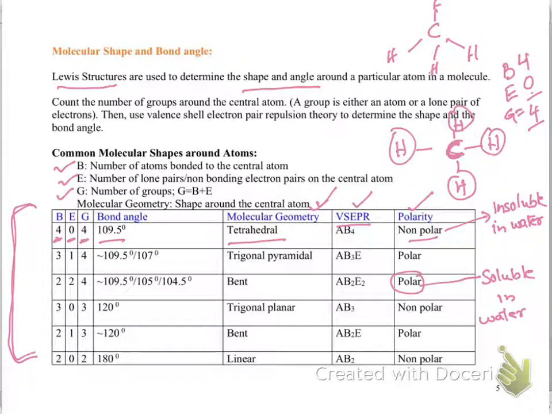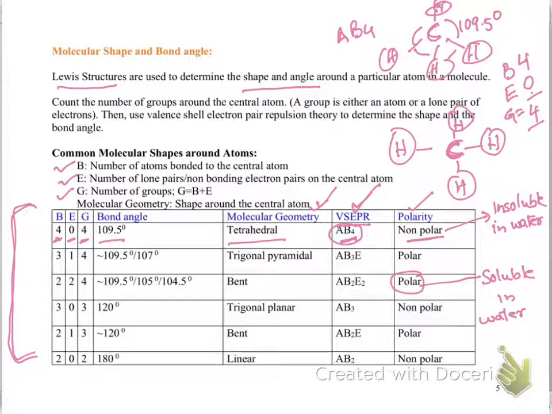Bond angles of 109.5 means each of these angles is 109.5, and the VSEPR model is AB4. A means one central atom with 4 bonded atoms, B4. And if your VSEPR model is AB4, that means the molecule is nonpolar.